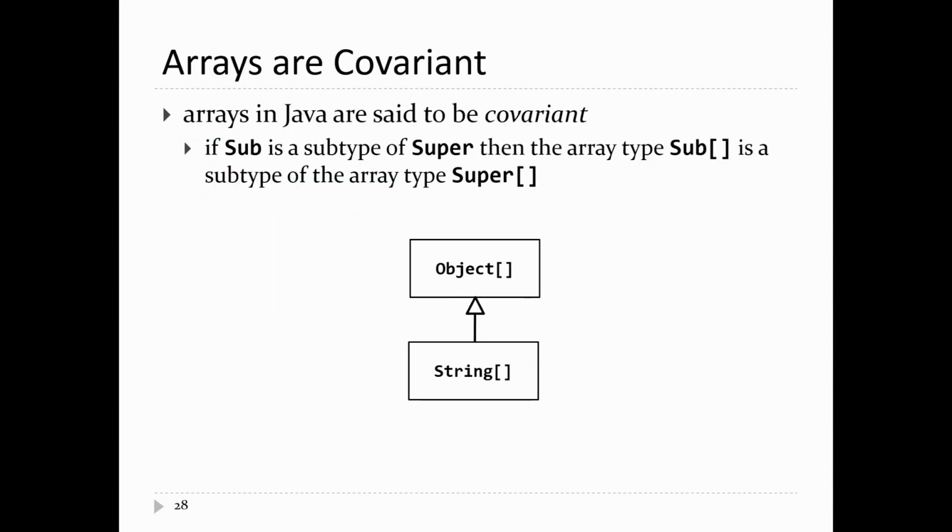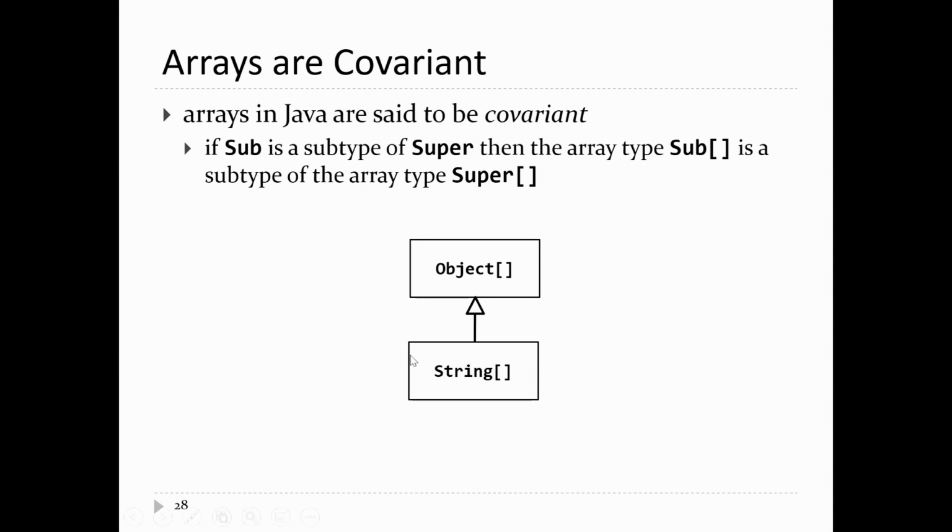Now in Java, arrays are said to be covariant. What that means is that the array types are special in Java. If you have an array of object and an array of string, it turns out there is a relationship between these two types, which is kind of surprising.